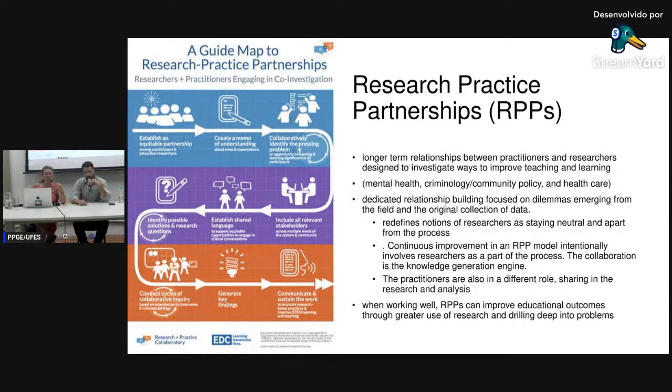So it includes a lot of different ideas, including that there is an equitable relationship between the practitioners and the researchers. This includes putting teachers and researchers on an equal footing, working side by side. And the researchers and the practitioners are collaborating, they're deciding together what the research question should be. So researchers and teachers will work together to decide which research question is to be answered.